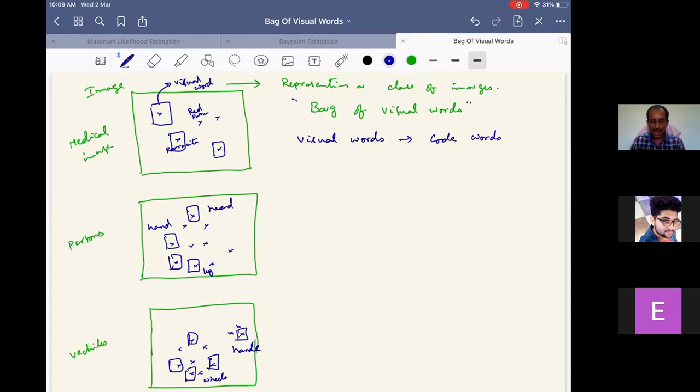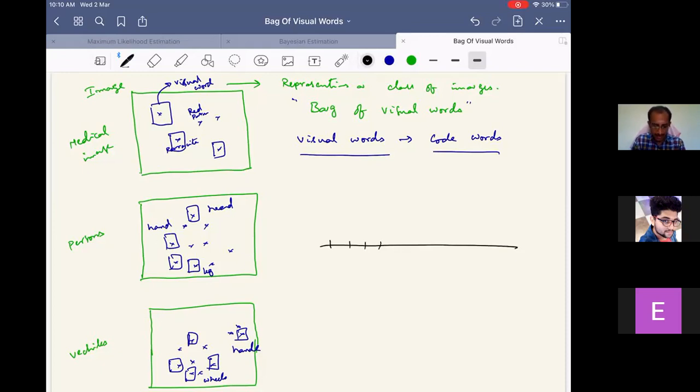If we see overall, there are specific visual words which will occur more frequently in one class of images. Now, from visual words, what we wish to get is code words. Code words means what? This whole class can be represented with some very frequently occurring visual words.